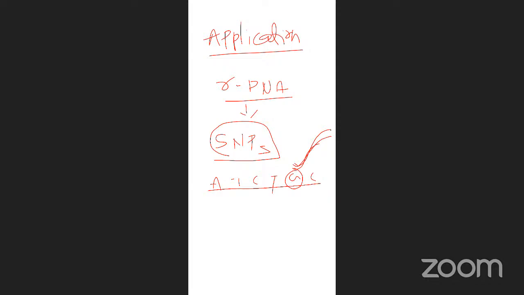Ligases, unit number 8, modifying enzymes in molecular cloning. Let's see the first, ligase enzyme. It is the complete opposite of restriction endonuclease. Restriction endonuclease cuts the sequence. Ligase enzyme joins the sequence.